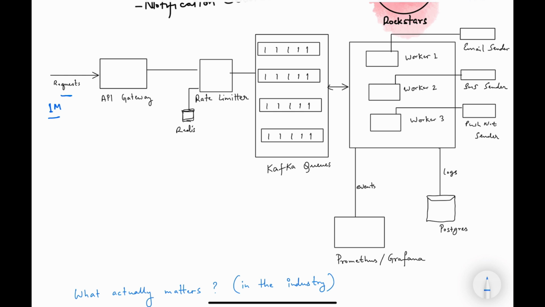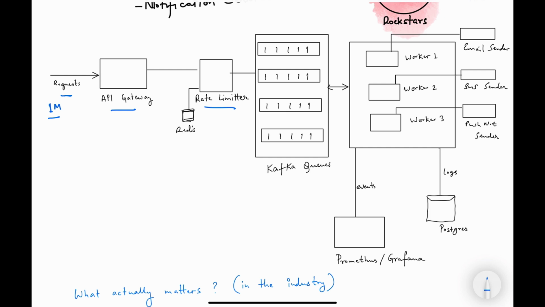So we have a very basic component. Let's say we put in an API gateway, which acts as a gatekeeper for our notification API. The API gateway receives the request and forwards it to our rate limiter. The rate limiter protects our notification API from unauthorized access or DOS attacks and stuff like that. We'll learn about all these things as we progress in this course.